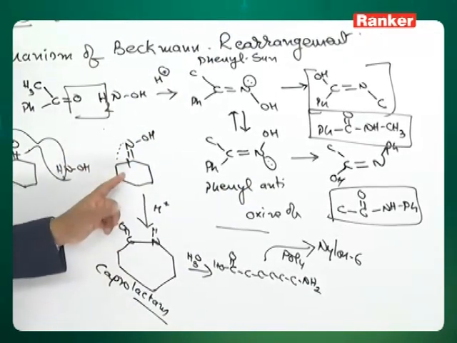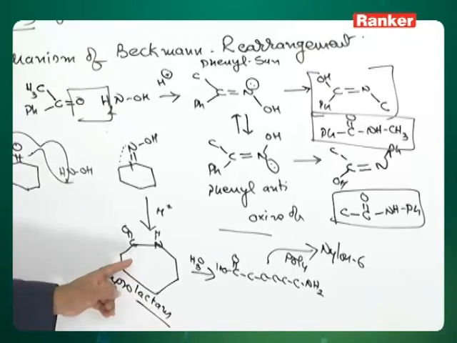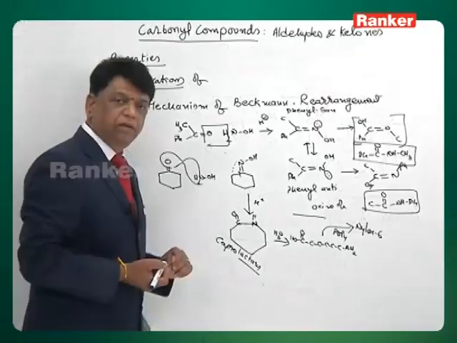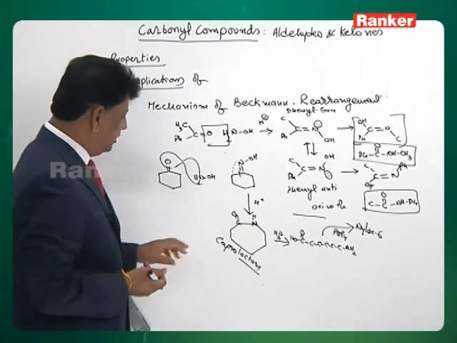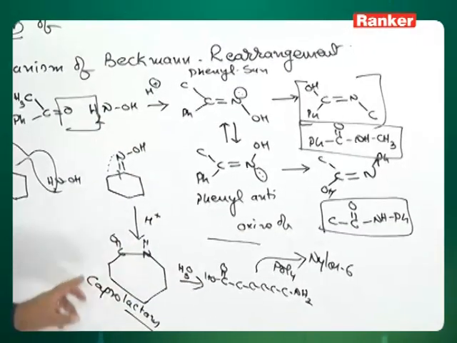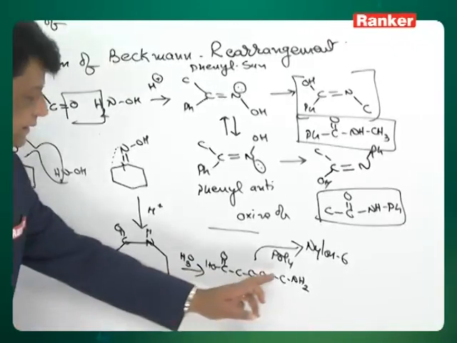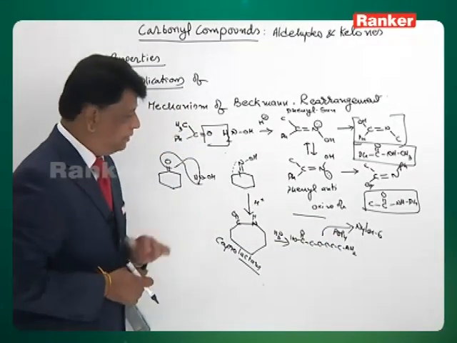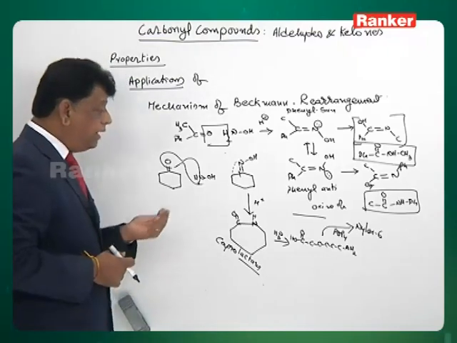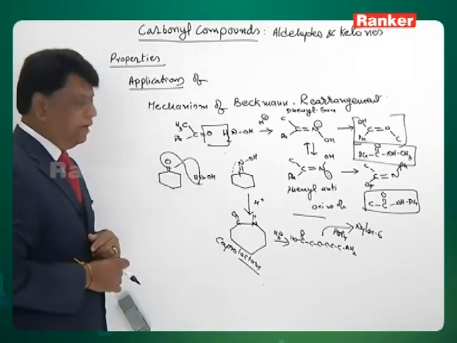That's how a 6-membered ring has become a 7-membered ring, ring expansion taking place. It is nothing but the same mechanism of the Beckmann rearrangement. This 7-membered ring, on opening, you will get a 6 carbon oic acid with amino, which on polymerization in acidic medium, a polyamide is formed, that is nothing but nylon 6.